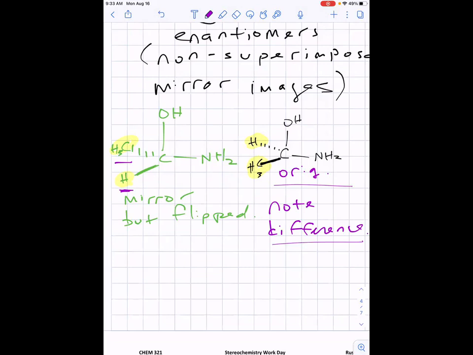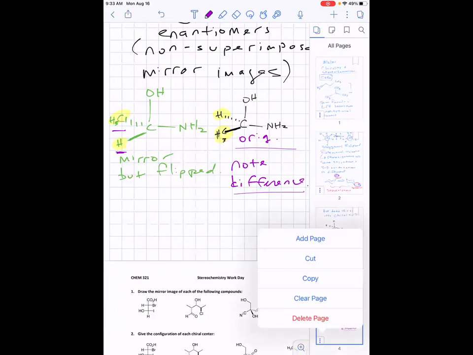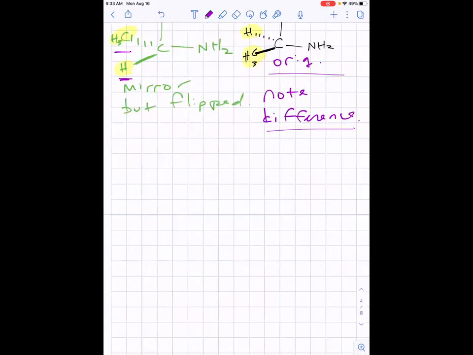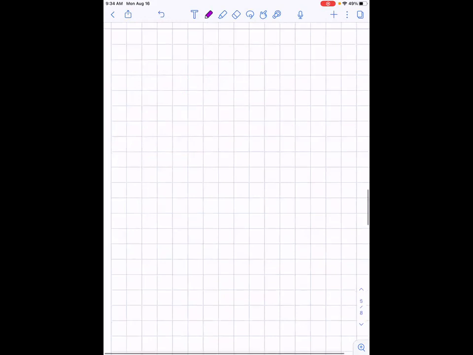So these are what we call enantiomers. And then we have another set of stereoisomers that we can talk about. Let me add a page. So this is one set of stereoisomers that's based on the presence of a chiral center. And then we also have another type of stereoisomer, which is diastereomers.